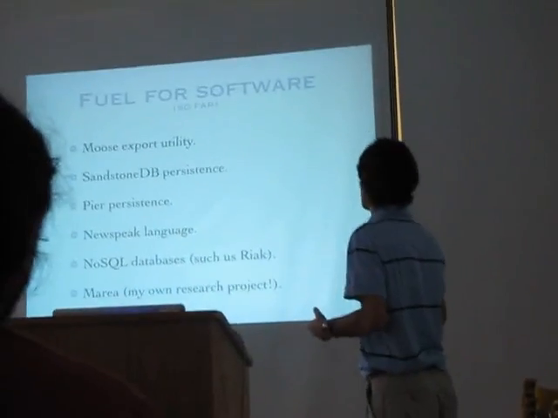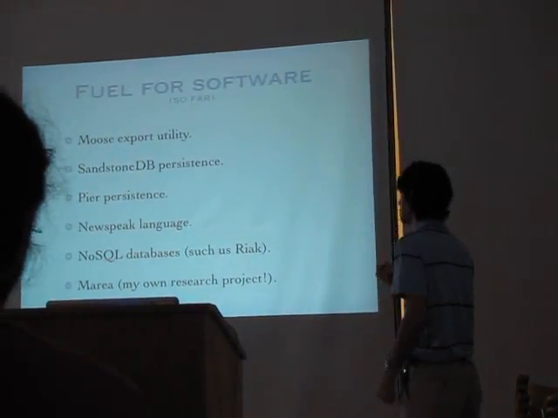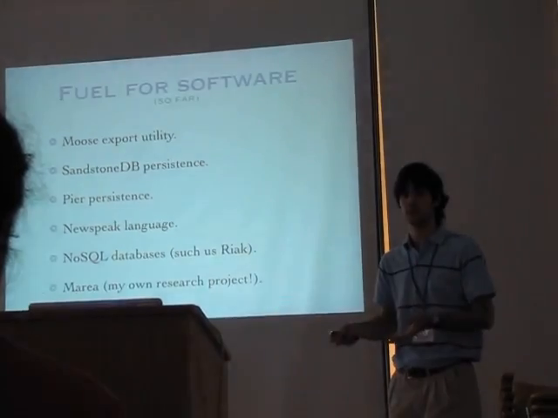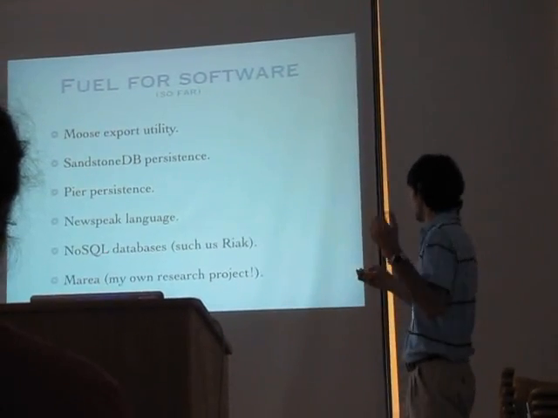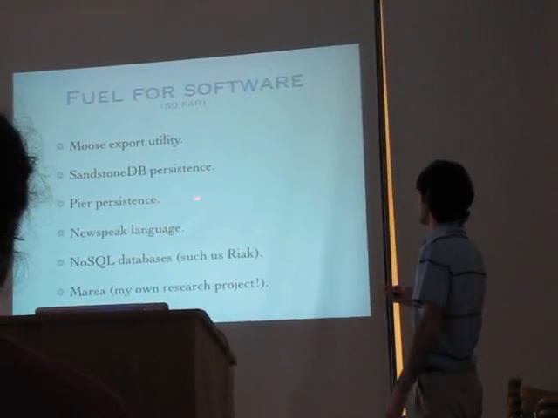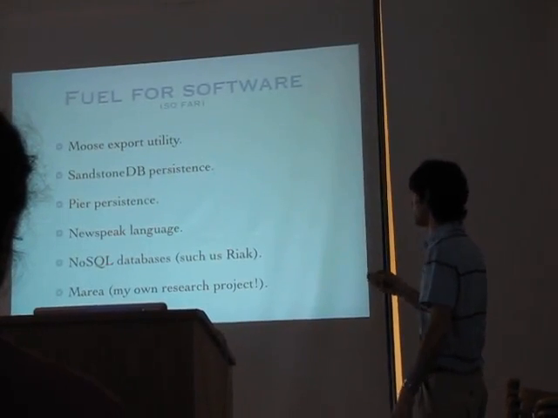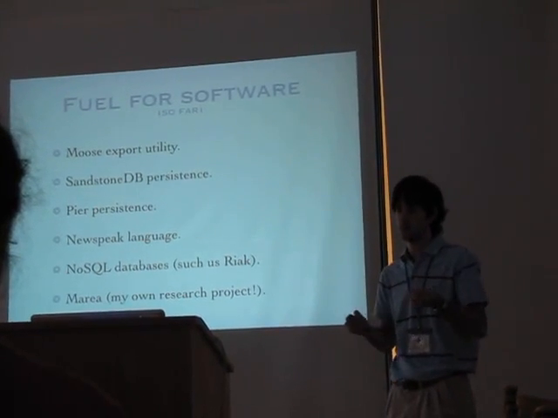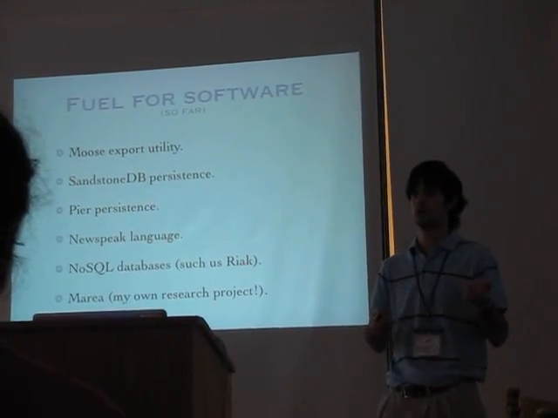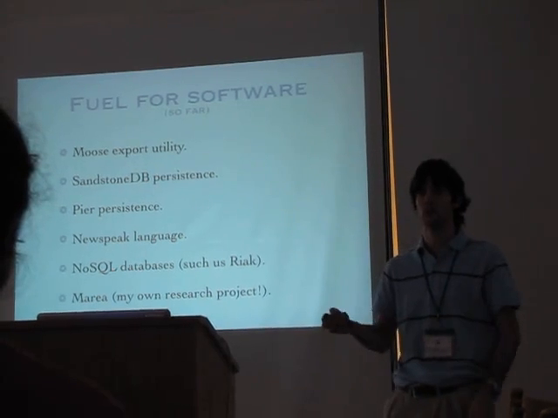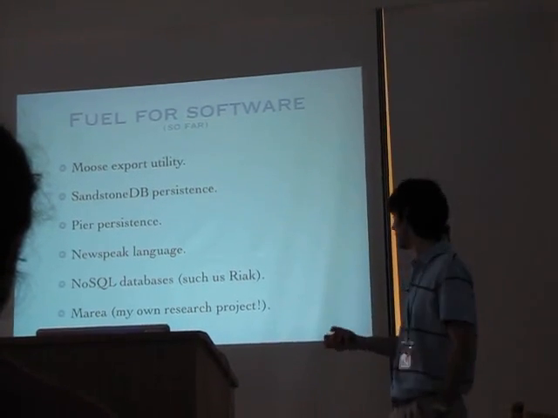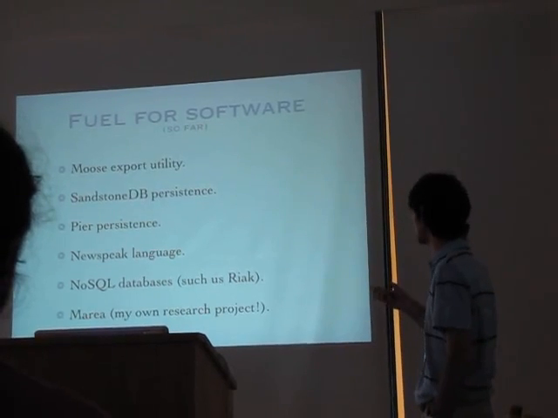So, Fuel has been used for the moment for Moose to export the models and to import them back. We did an integration with Fuel in SqueakDB, so now you can serialize using Fuel instead of a reference stream, and it works and speeds up quite a lot.